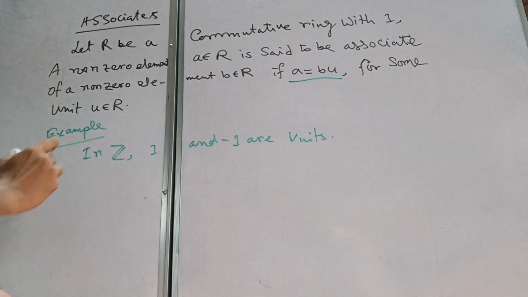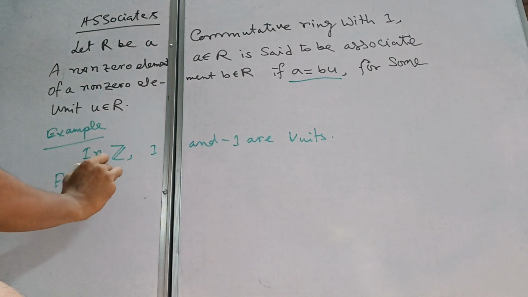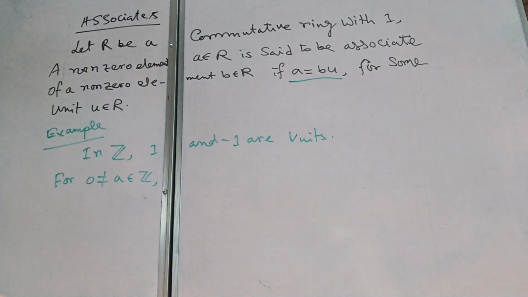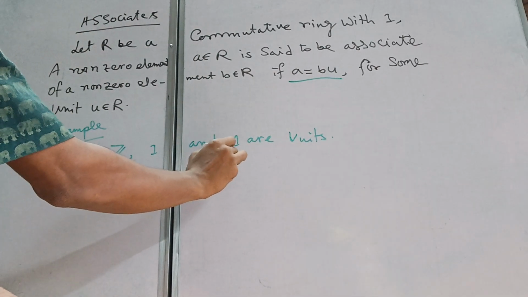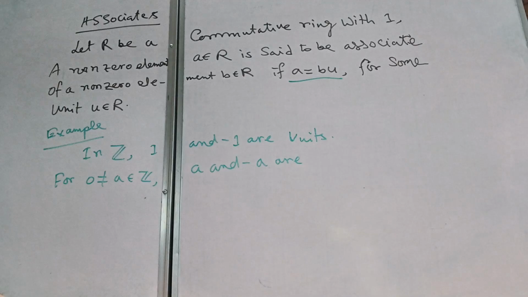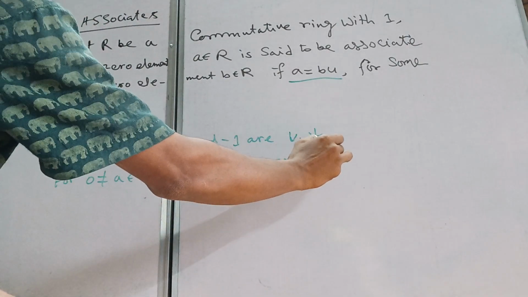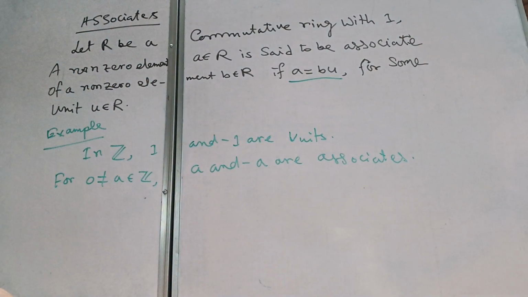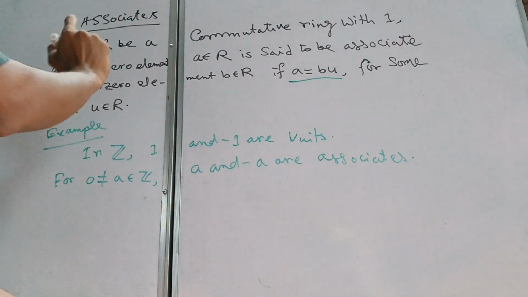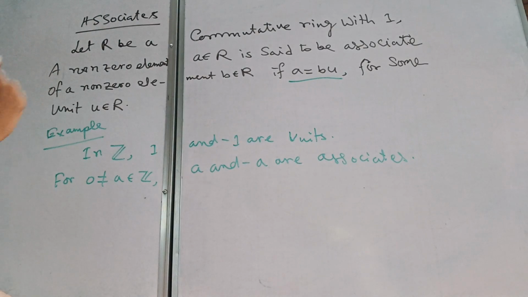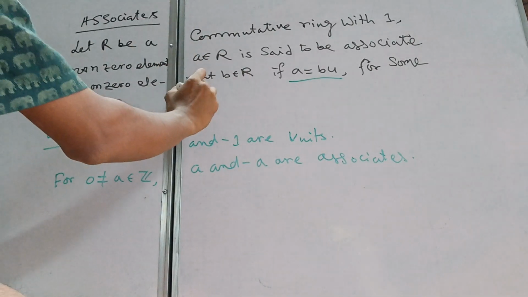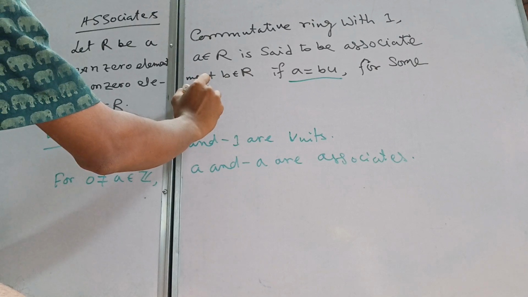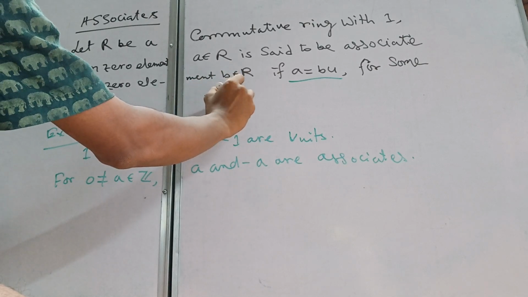So for non-zero A belongs to Z, A and minus A are associates. We also write it in this way: A is an associate of a non-zero element B belongs to R, that means B equals A U inverse.